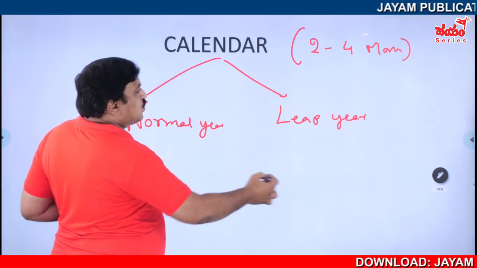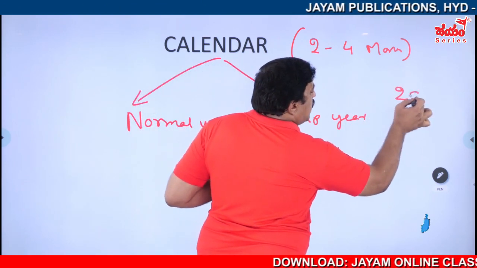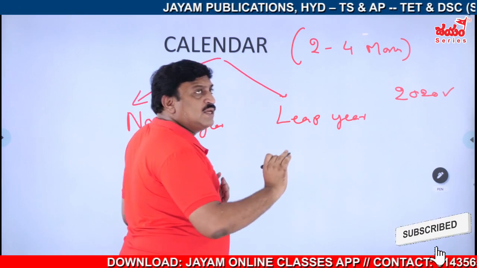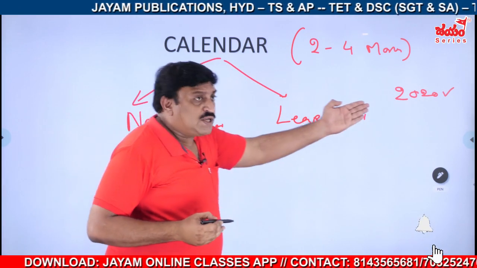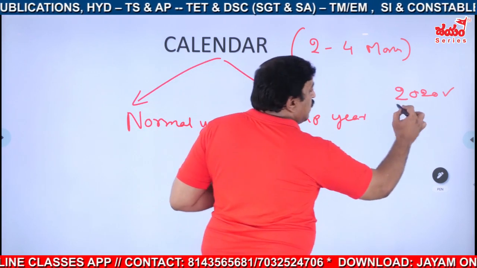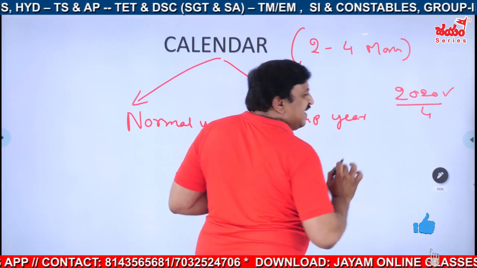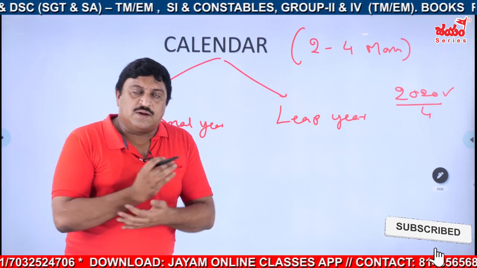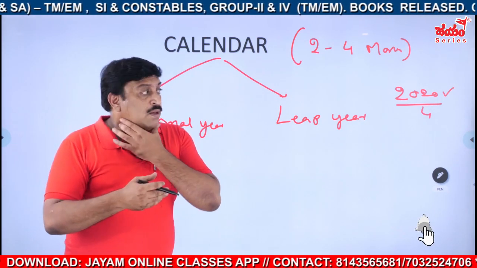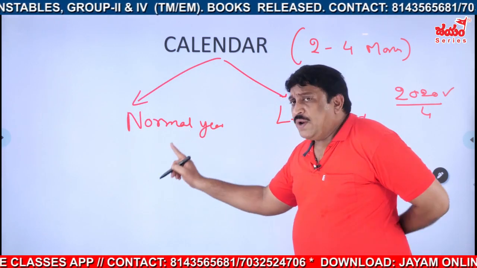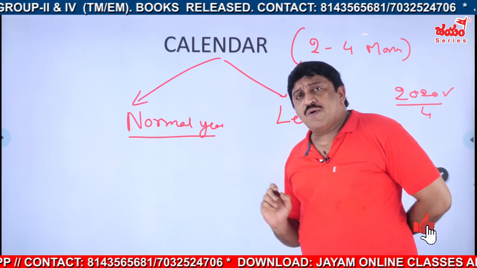Is 2020 a leap year or a normal year? It is a leap year, because a leap year comes every 4th year, and whichever year is divisible by 4 is definitely a leap year. In general, I am saying. Now, the normal year: how many days will be there in a normal year?